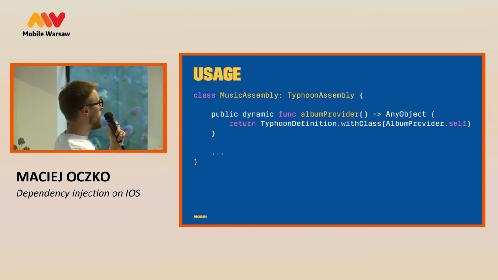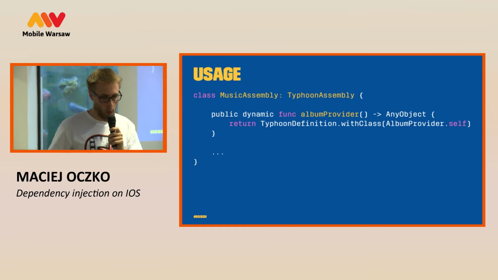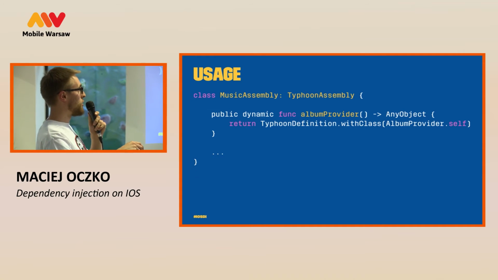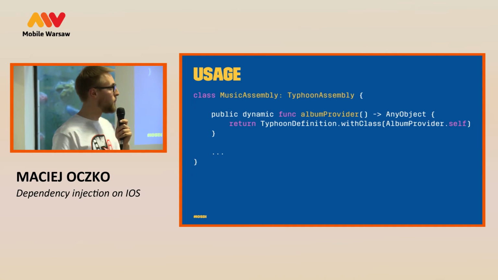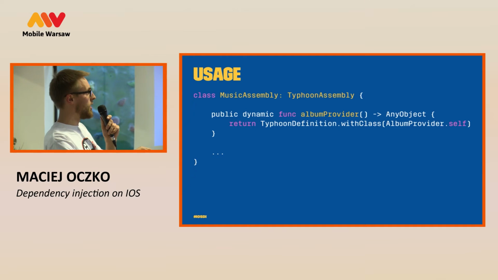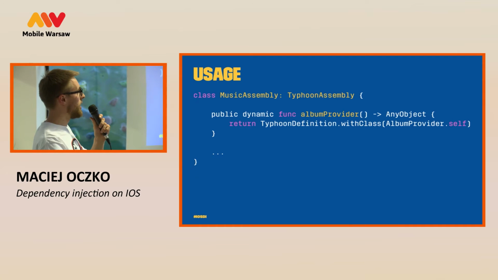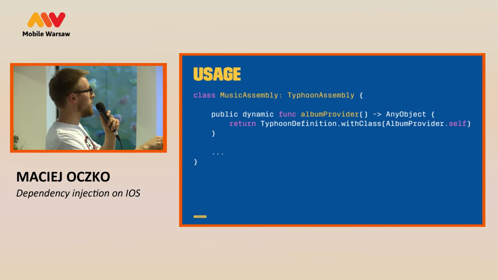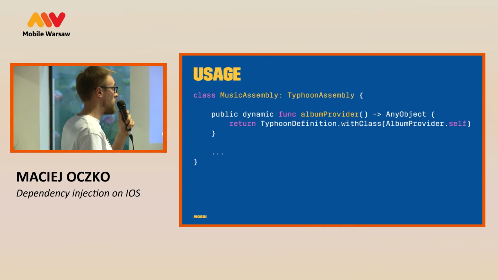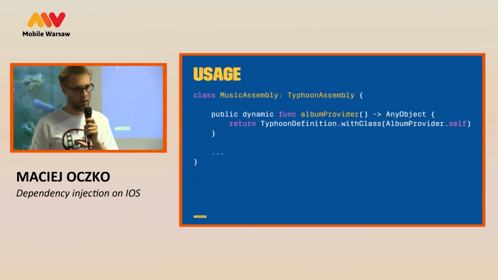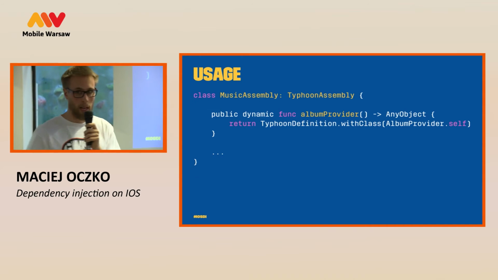There is an albumProvider method, so we can expect that this method should return an album provider. But as you see, the return type here is not album provider. And even more, what is returned here is TyphoonDefinition with class. So how does it work? Because it just doesn't make sense here.